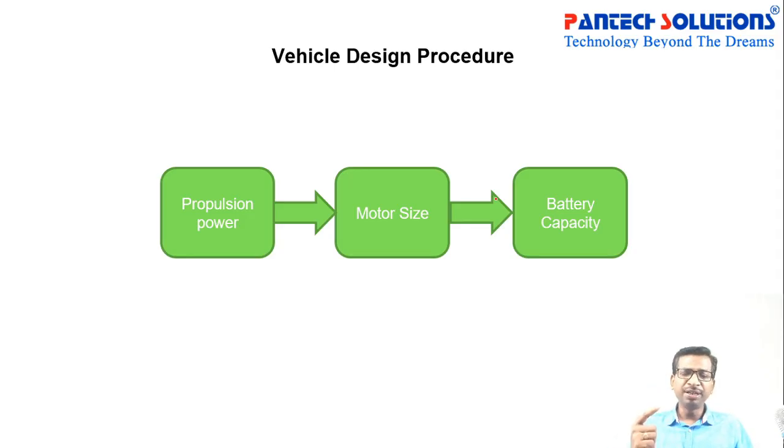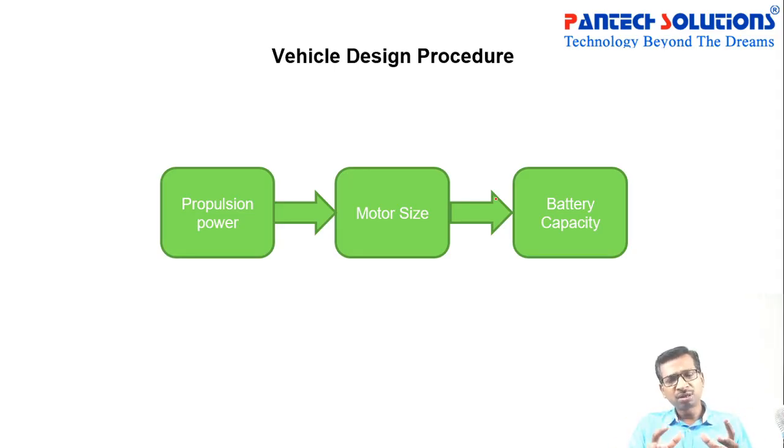EV design procedure, right? In that aspect, first you should know the weight of your vehicle and the total passenger load, or the maximum load capacity, right? From those two factors you can identify your vehicle body.